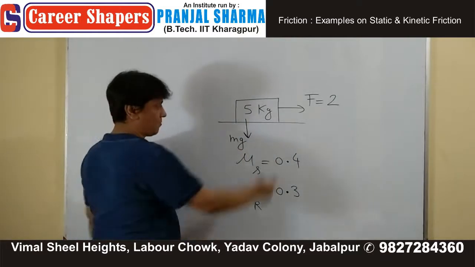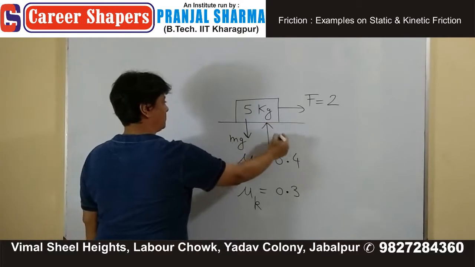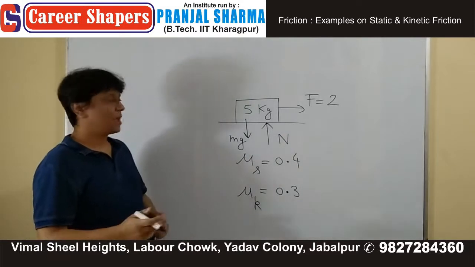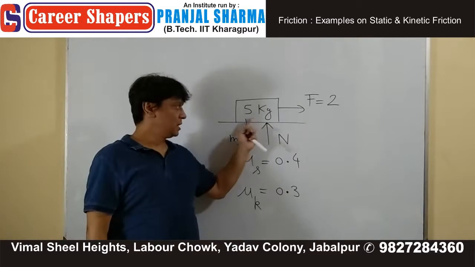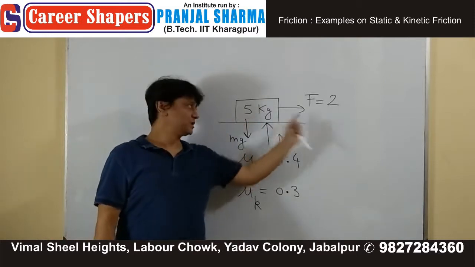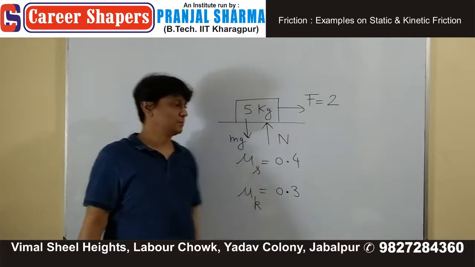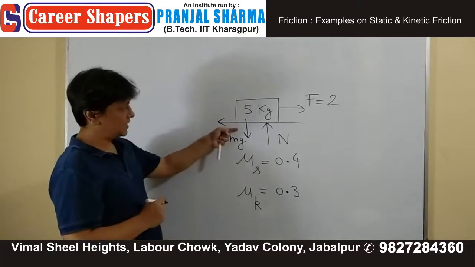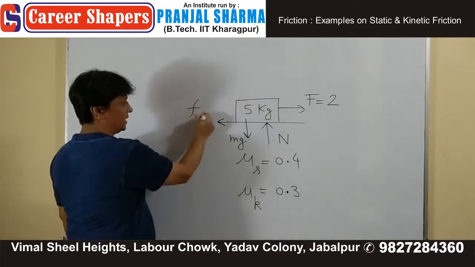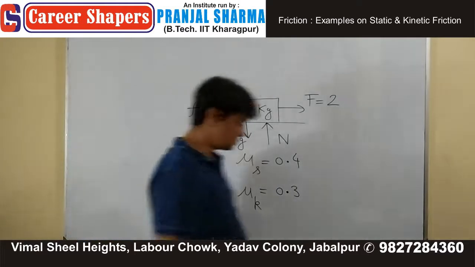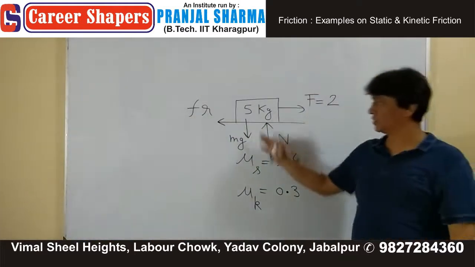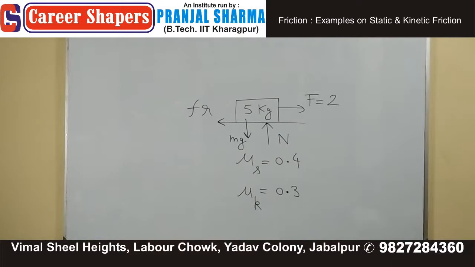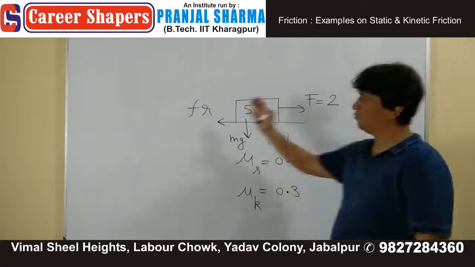Downward force mg, normal reaction force vertically up, and since this 5 kg block has a tendency to move this side because of the force, to oppose the relative motion with respect to ground, friction will act in this direction. These are the forces acting on this body, and we need to find the value of Fr.